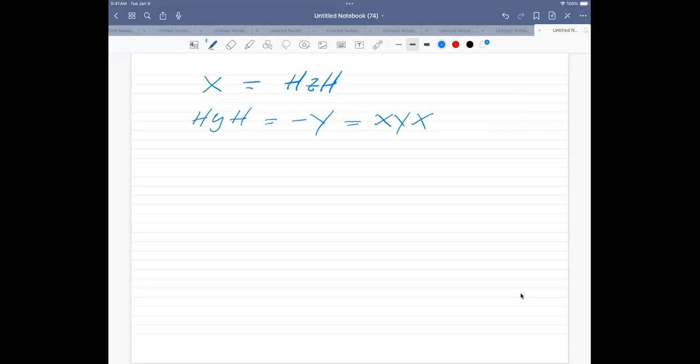But one of the important things is that when we have a Hamiltonian which contains the Pauli X matrix, we can actually rewrite it like that. So what does that mean?